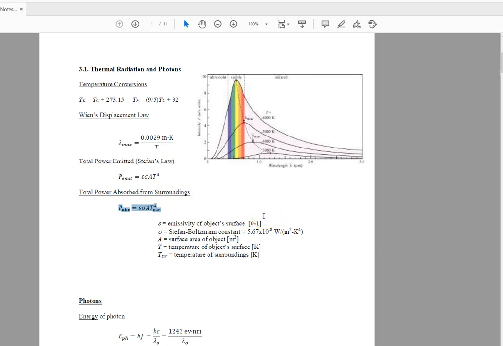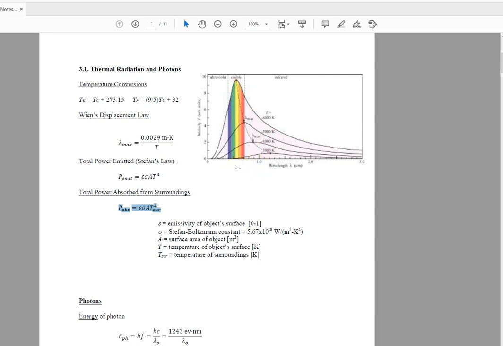So the A and the epsilon are the area and the emissivity of the object that we were also looking at in the emission equation above. But the rate that the object is absorbing energy is proportional to the temperature of the surroundings to the fourth power.